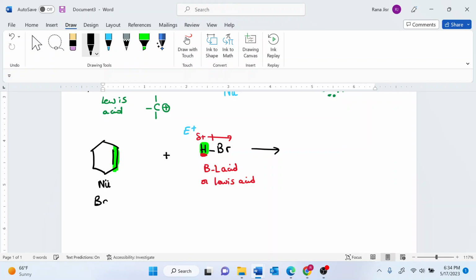So this is my base, and the base can be either a Lewis base or a Bronsted-Lowry base. You choose, but if you choose a Lewis base, then pick the HBr to be a Lewis acid and vice versa. Now, how the reaction is going to go, the reaction is always going to start from the source of electrons.